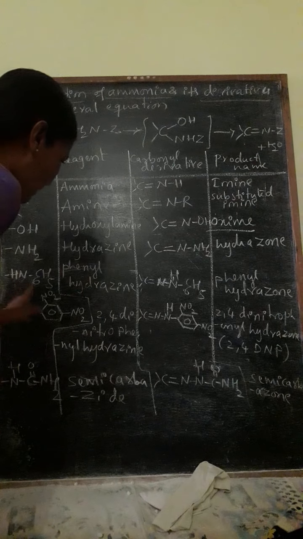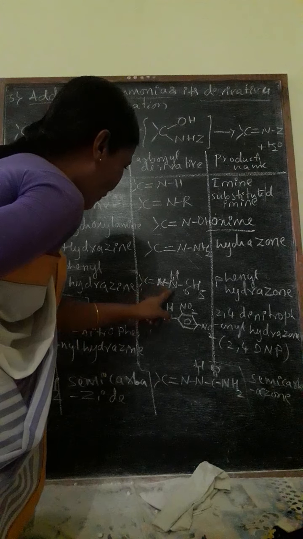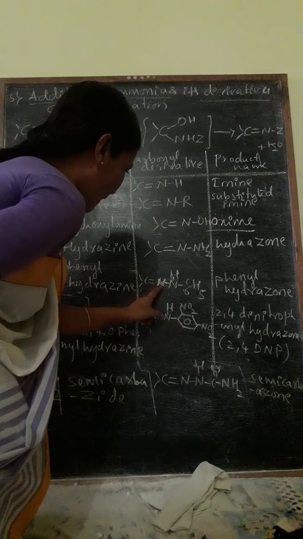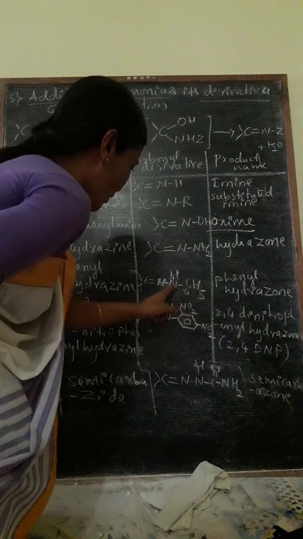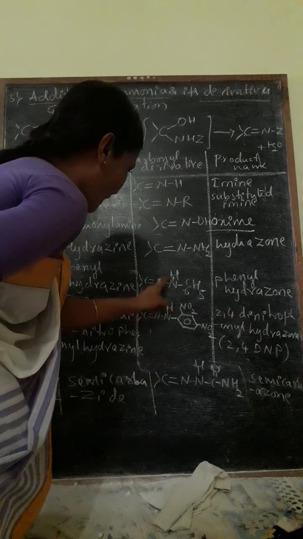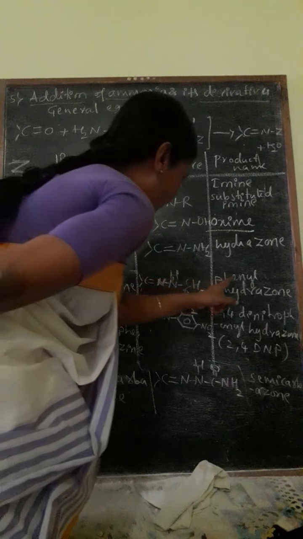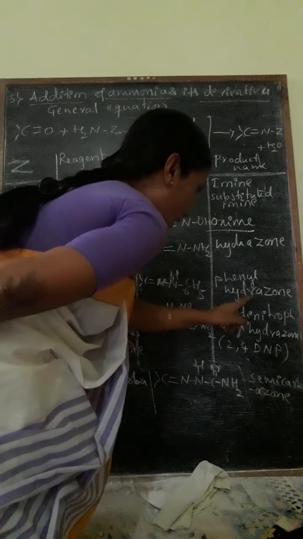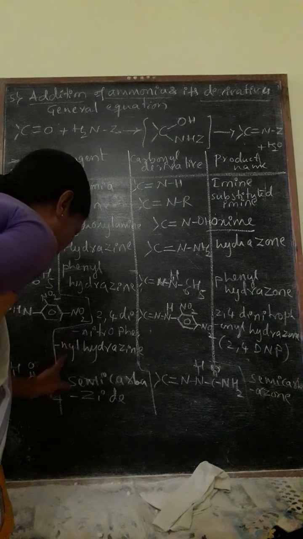Next reagent is phenylhydrazine. The product formed is C double bond N NHC6H5. Phenylhydrazine is converted into the product known as phenylhydrazone. Next, 2,4-dinitrophenylhydrazine.